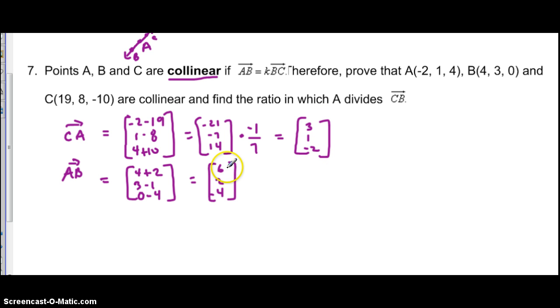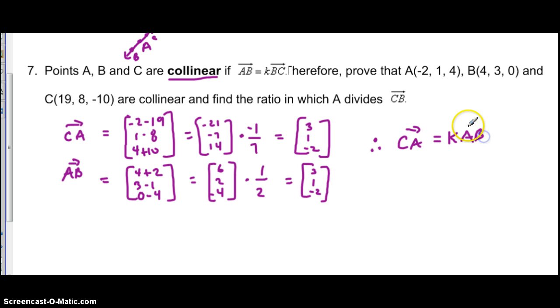And then I can see there's a factor of 2 in each component of AB. So if I divide each component by 2 or multiply by 1/2, I can see that my two vectors will be equal. So therefore, I can show that these two are parallel. And in particular, I want to show that if you multiply a scalar times AB it will equal CA.